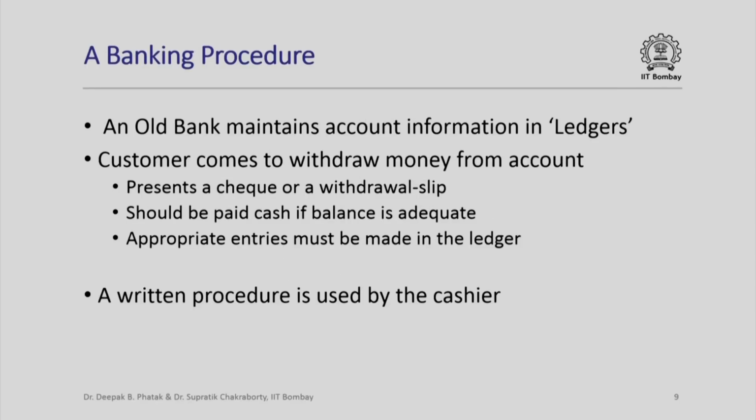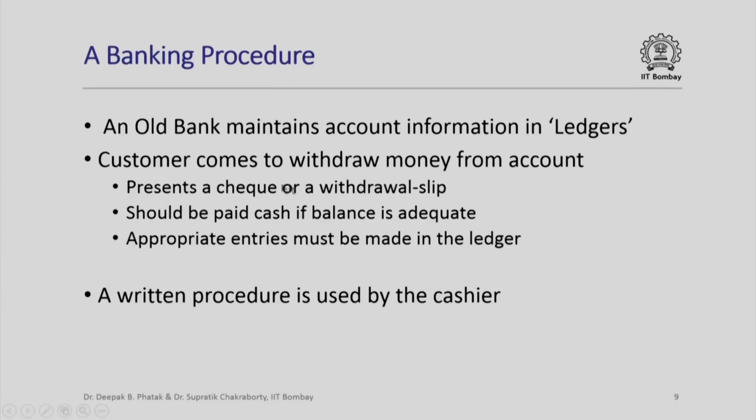Let us now look at a more formal procedure which bankers typically follow. Let us consider an old bank which still maintains account information in paper form, in what is known as ledgers. A ledger is nothing but a register in which the account information about a customer is maintained.